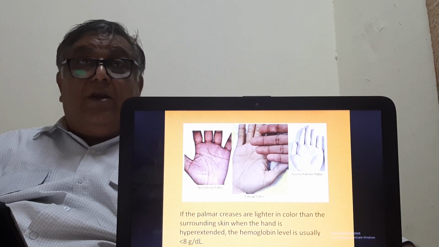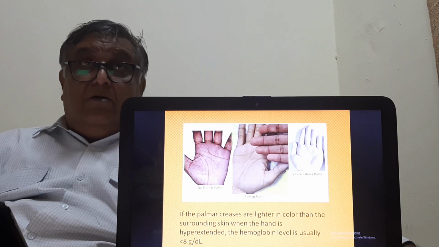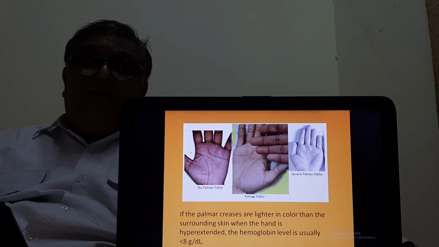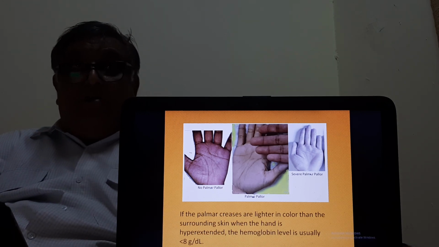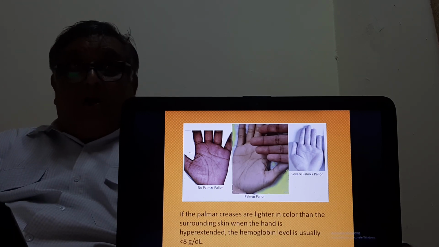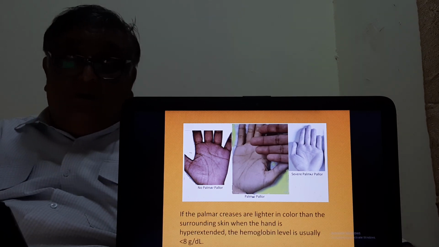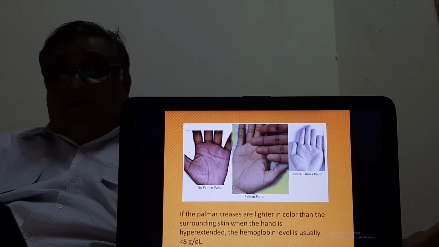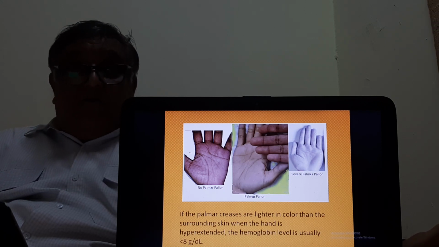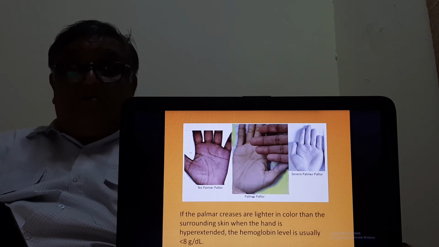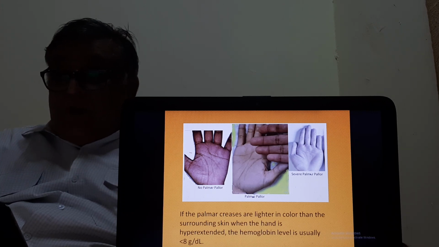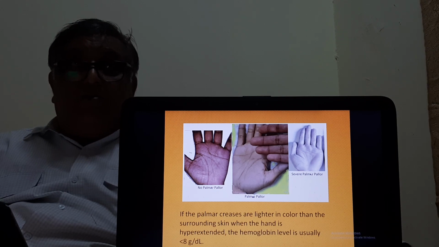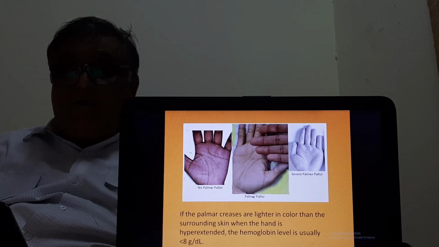So in cytopenic conditions, petechiae give us a clue. Other than that, an anemic patient may have an effect on the heart: the pulse becomes strong, the cardiac output increases, and flow murmurs, which are systolic murmurs, may be seen. These are basically the signs and symptoms we should look at in the general physical examination.